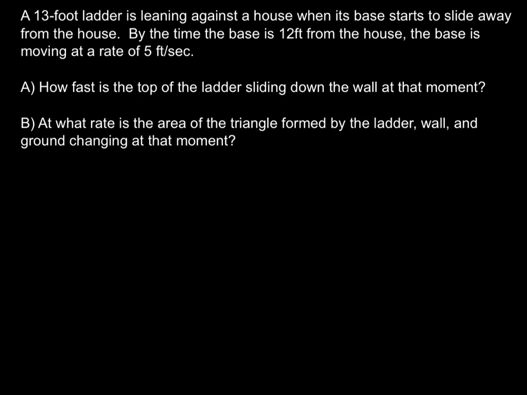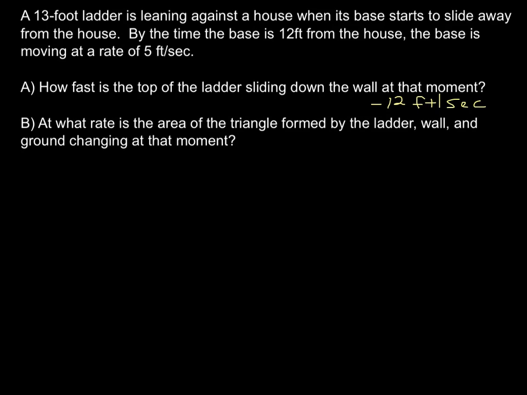Okay, so this is a part B to the same problem. So we've still got the 13-foot ladder leaning against the house and all that. In A, we said how fast is the top of the ladder sliding down the wall, and we said it was sliding down the wall at a rate of 12 feet per second. Okay, so now part B says, at what rate is the area of the triangle formed by the ladder, the wall, and the ground changing at that moment?